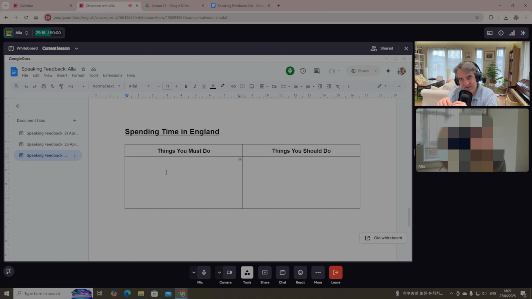I mean, if you travel around London, you must visit Big Ben. Is it a rule though? No, it's not a rule, of course. Okay. I would say if you are in London, you should visit Big Ben.